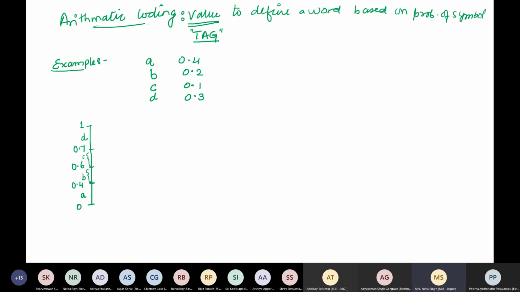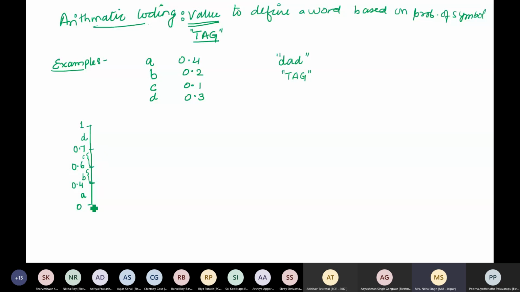But suppose I have multiple symbols sent. I have the word DAD sent. Now I need to generate a tag, a single value which will represent this word.